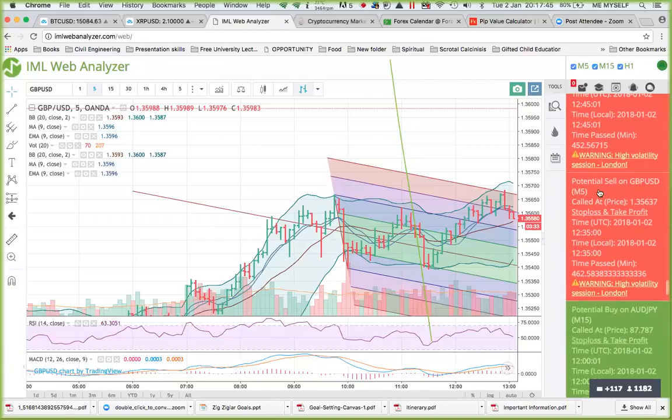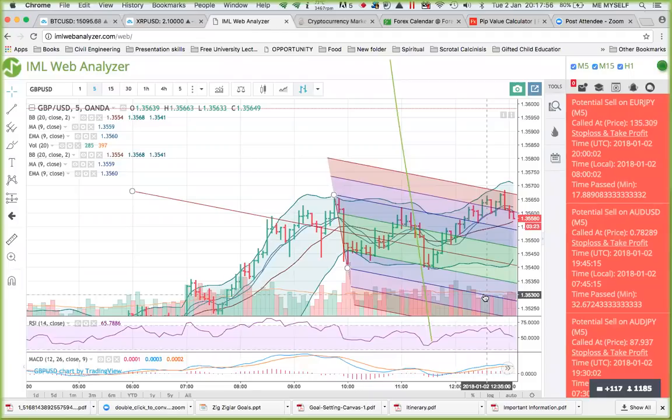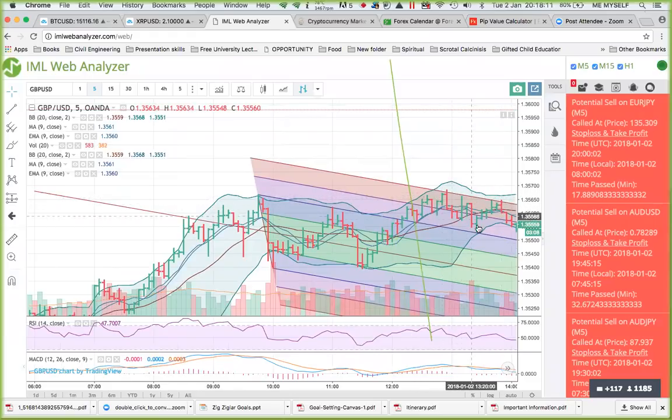Okay, there it is. So it says potential sell GBP USD 1235, right? That was called. So if we would have seen here at 1235, it was calling a potential sell. But when you've got that pitchfork in place, all you do is wait for it to touch, and eventually it did touch your pitchfork and then went off for a little sell.